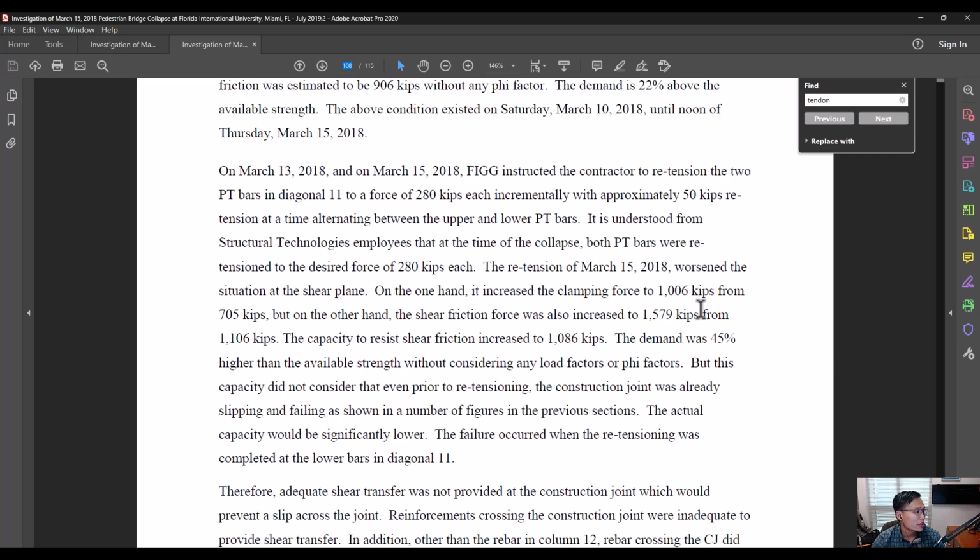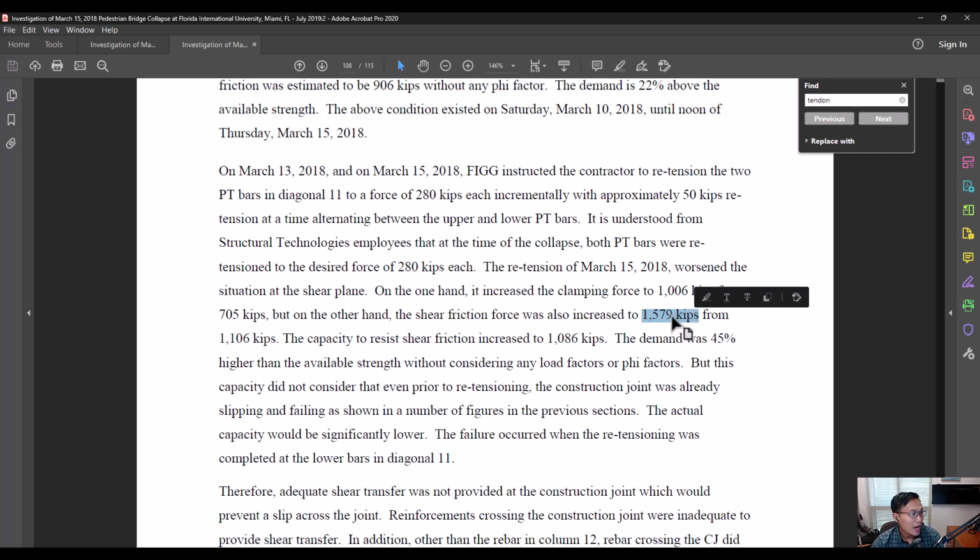the whole thing here, you can see that the capacity, the design value for the joist, is 1086 kips. However, the actual force applied to the joist is 1579 kips.